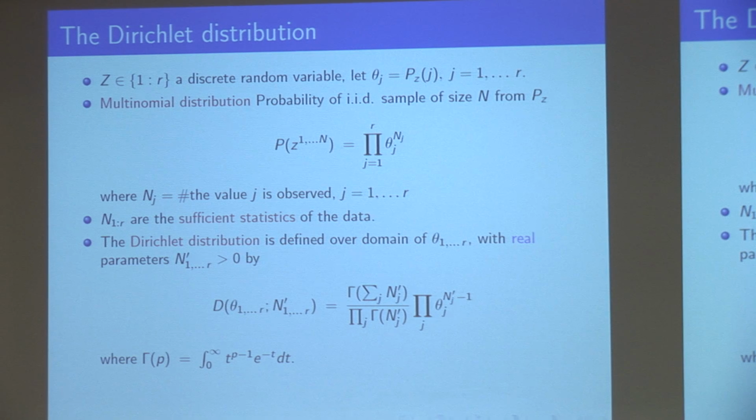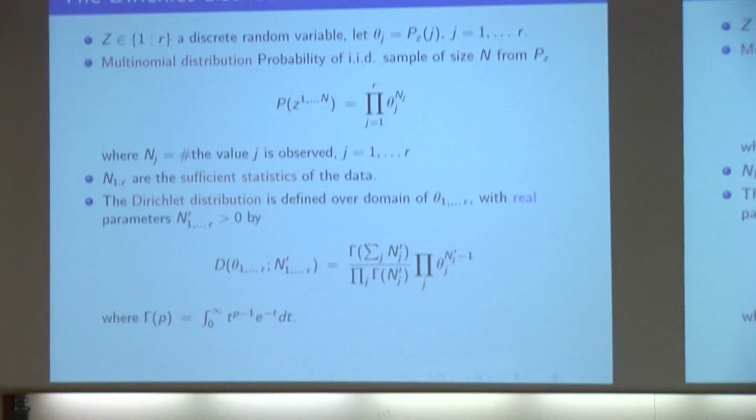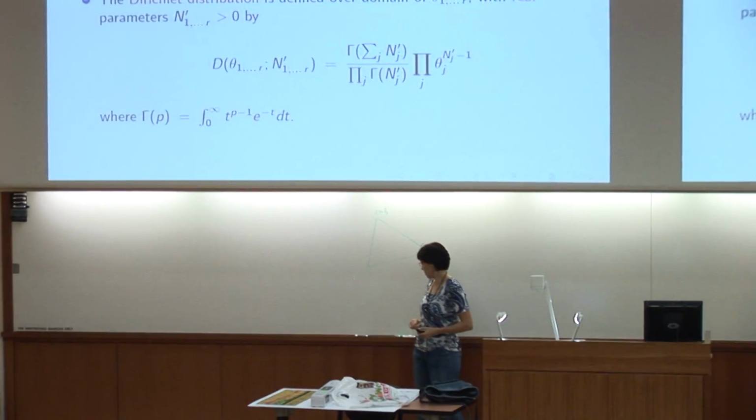In fact, I would like to show you how it looks. Suppose we have R equals 3, and therefore, this is the probability simplex. So this is the set of thetas that sum to 1, over distributions over 3 items. And the Dirichlet distribution is defined over this domain.